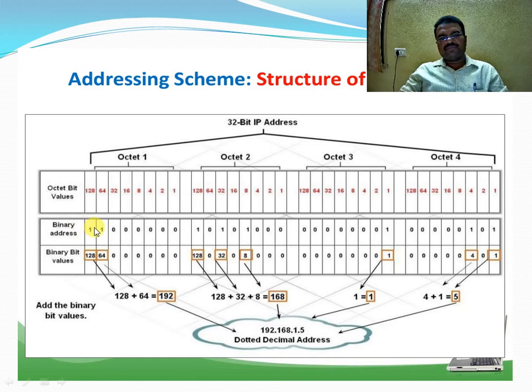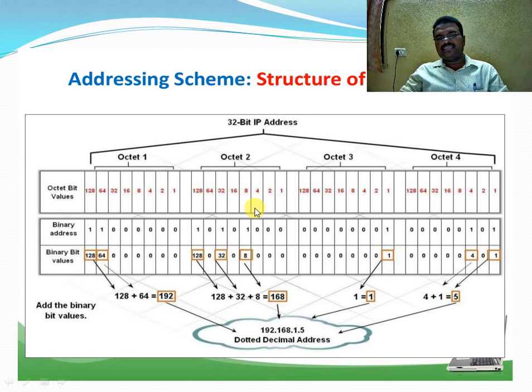So if you take an example like this binary address, 11000000 and so on, we can calculate the decimal value of the binary number: 64 and 128, this is 192.